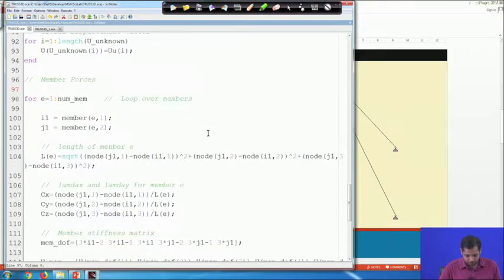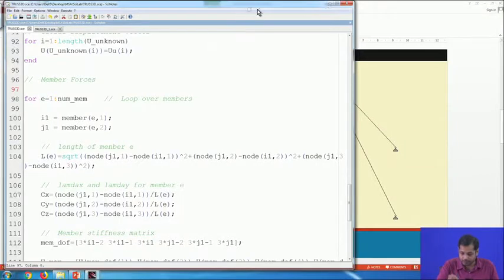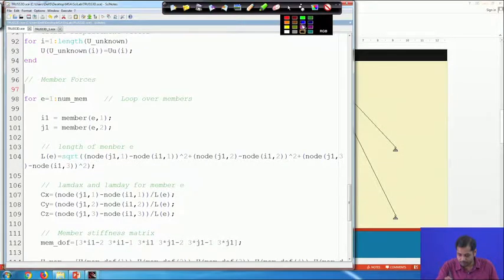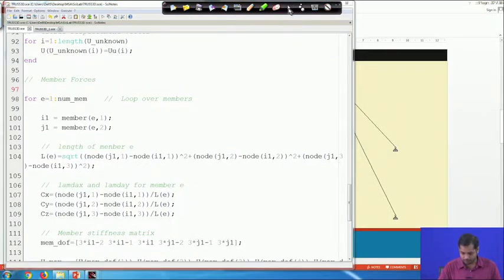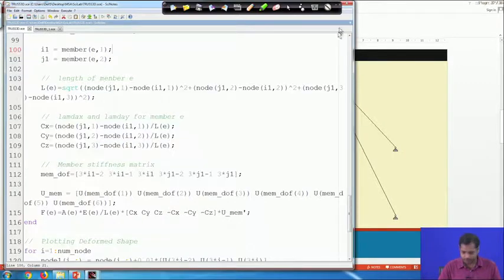If you recall, the expression for member force for a 3D truss was... let me come to that. Yes.